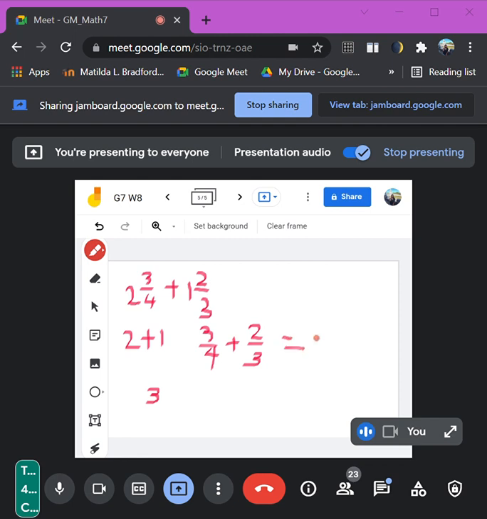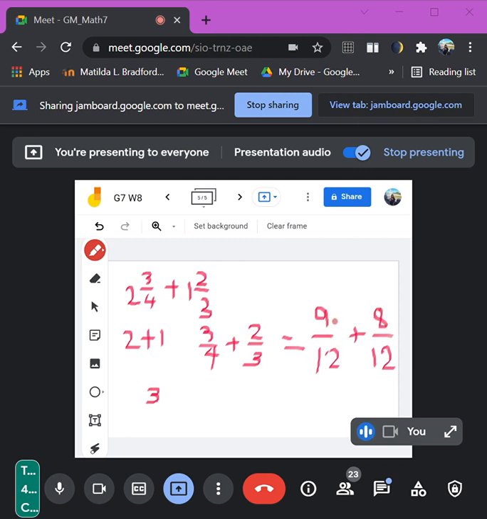So it will become 12 for both. What will happen to 3/4? 12 divided by 4 is 3. 3 times 3 is 9. On the other hand, 12 divided by 3 is 4. 4 times 2 is 8.